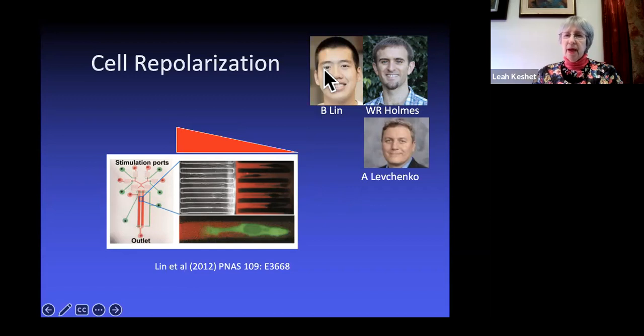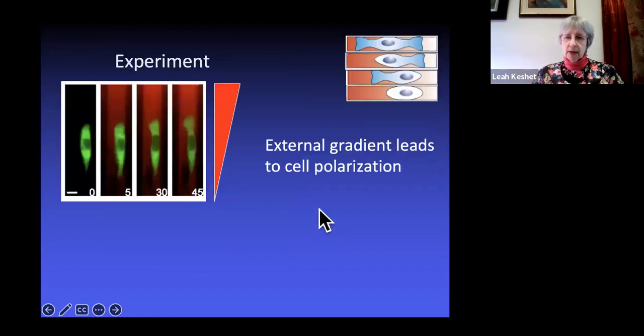And his student, Ben Lin, at the time was looking at cells in microfluidic channels. And he was piping in gradients of a small molecule that caused the cell to develop this internal polarization and to polarize.